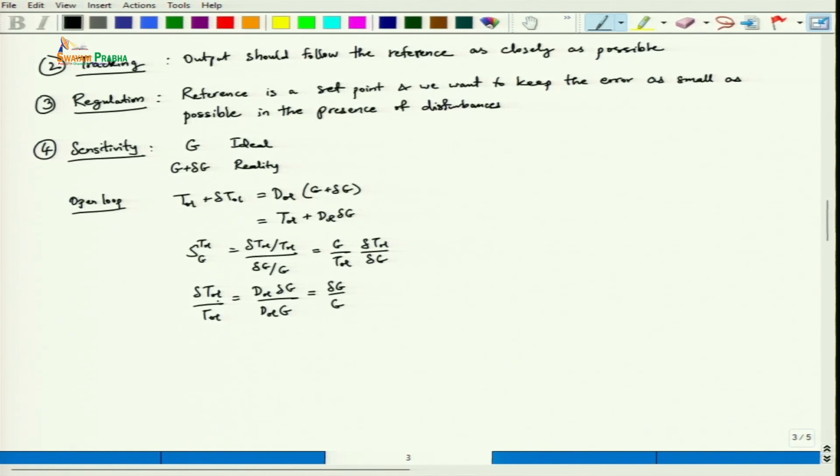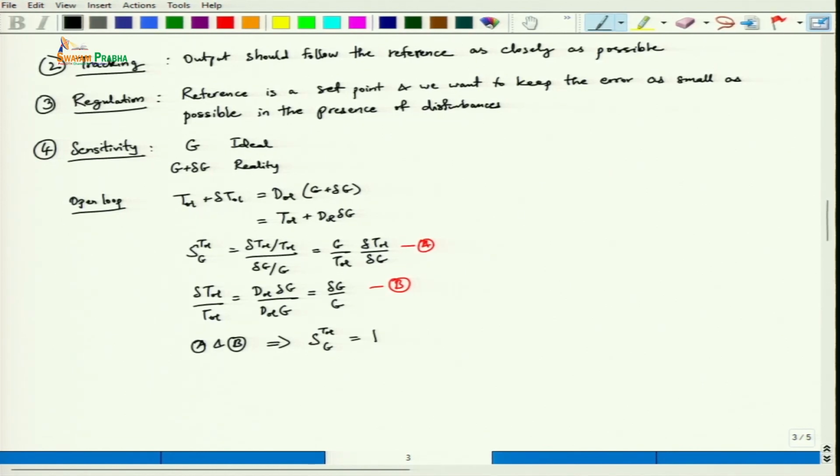So if we combine these two equations, say this is A, this is B, we combine A and B, what we find is that S G TOL, that is the sensitivity of TOL with respect to G, is basically just equal to 1.